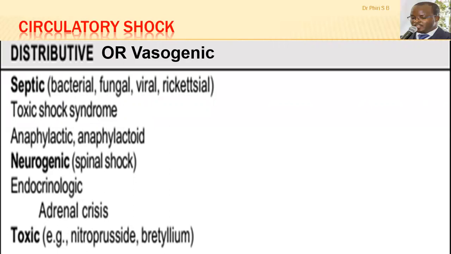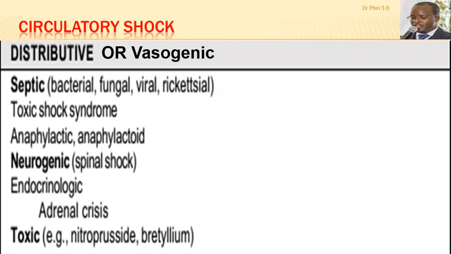Then there's also neurogenic type of distributive or vasogenic shock. So the neurogenic, you can have spinal shock whereby you have reduced autonomic tone. If you have reduced autonomic tone, it means you're producing less norepinephrine and epinephrine.